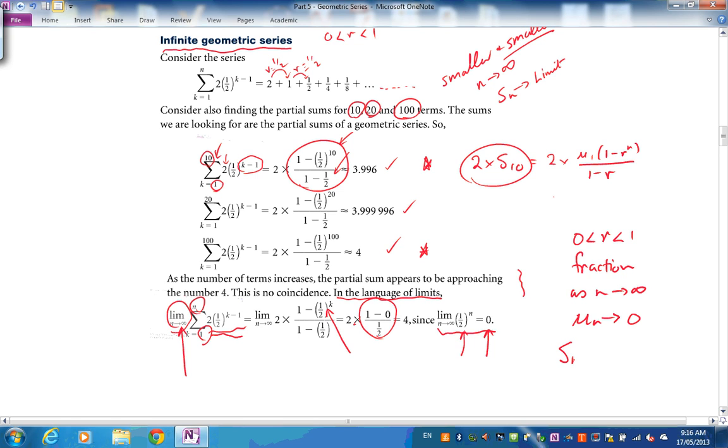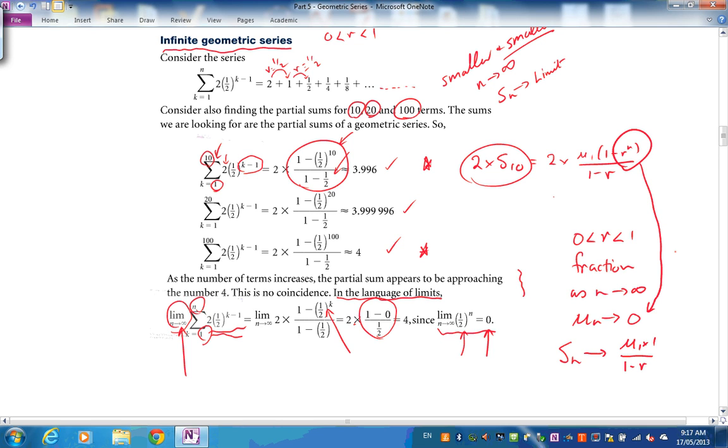Therefore, the sum of the terms is going to tend to mu1 by 1 over 1 take r. Why? Because this little fella here is going to tend to 0.